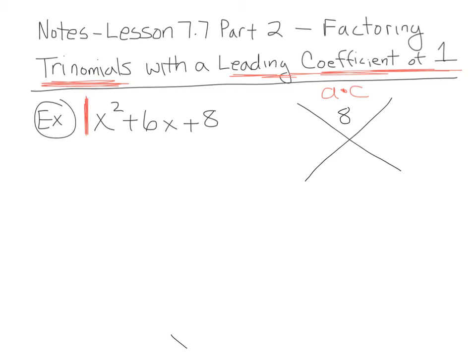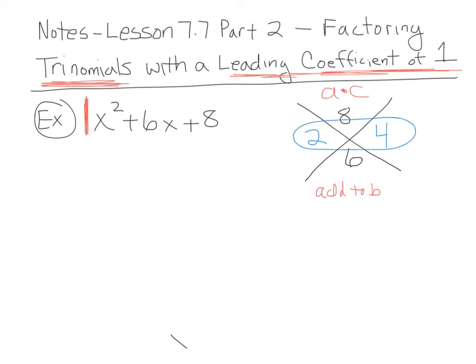Now we're looking for factors of 8, and the ones we're going to pick are the ones that add up to B. In this case, B is 6. So what are the factors of 8 that add up to 6? 1 and 8? 2 and 4. All right, so we want 2 and 4.